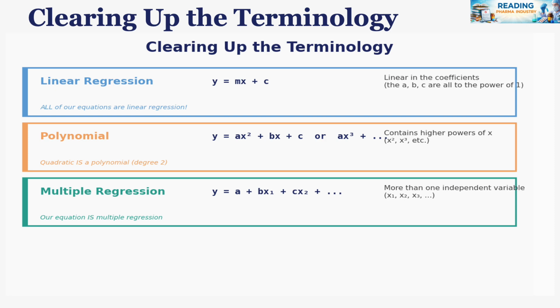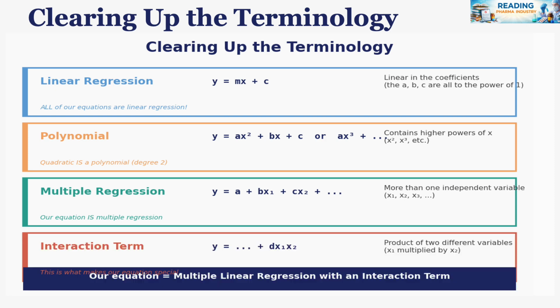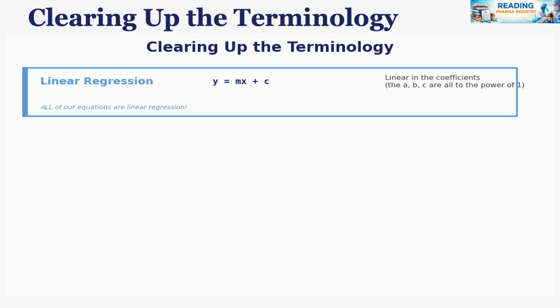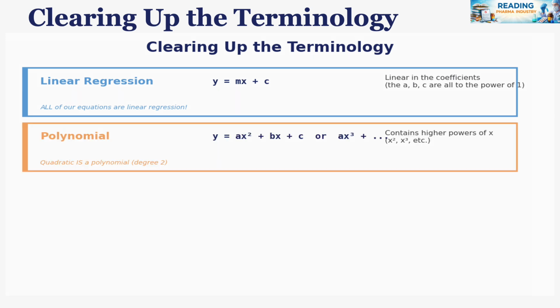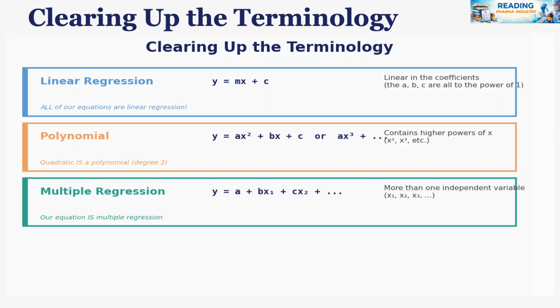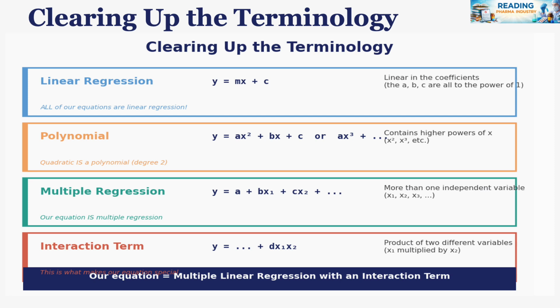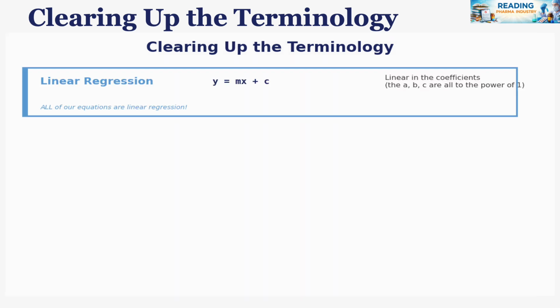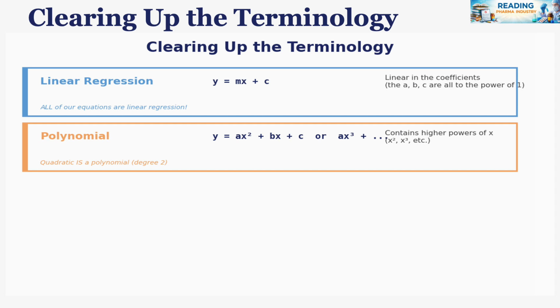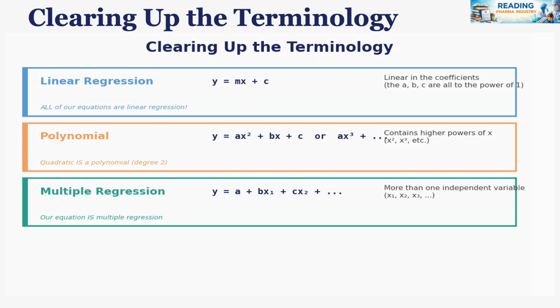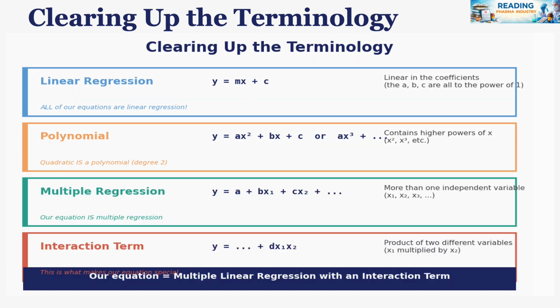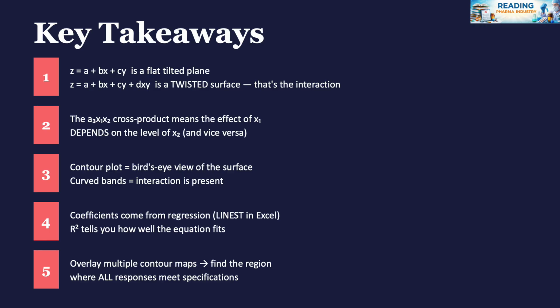When you see polynomial, that means it has a higher power of x, like x squared. When you see multiple, that means there is more than one variable, while the interaction means the product of two different variables. So our equation is multiple linear regression with an interaction term.